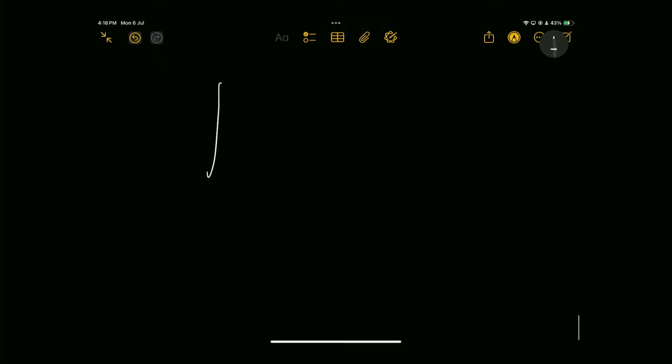Right? So in this graph here, this is force versus extension. At this point here, it is no longer linear, right? So at this point, this is the limit of proportionality, right?